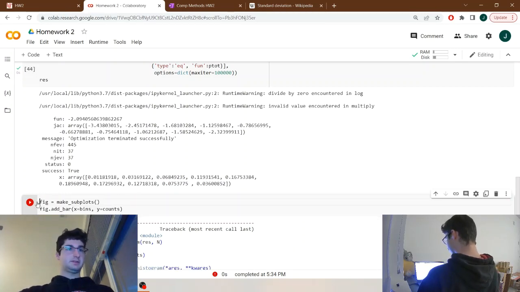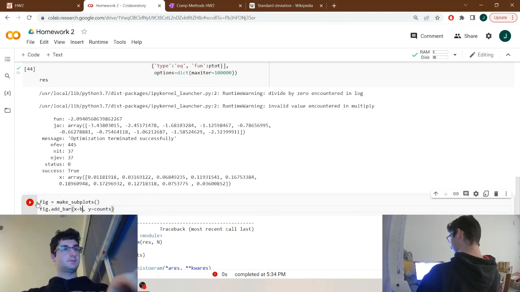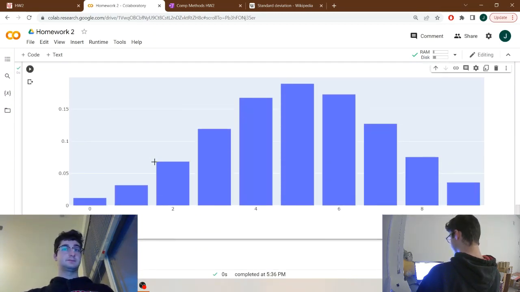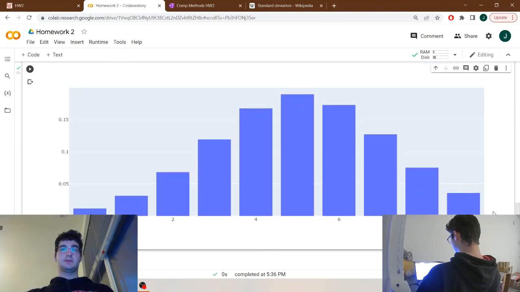All right, so it's not happy with that. So we want these values to equal our y. So we want res.x, and we want this to equal our np.arange n. Sweet.